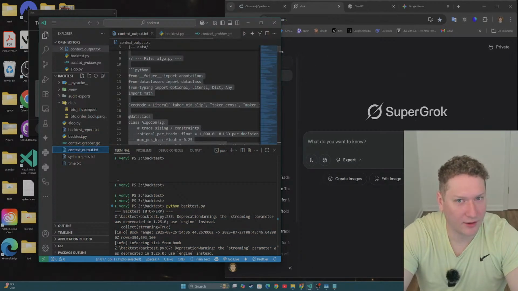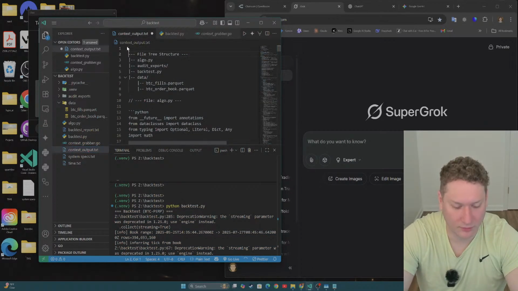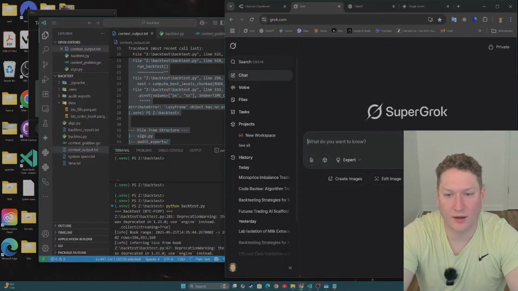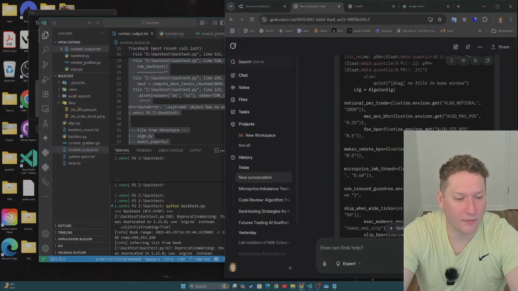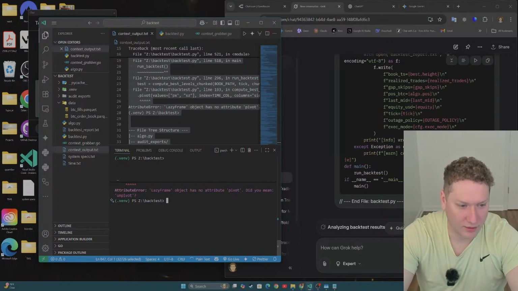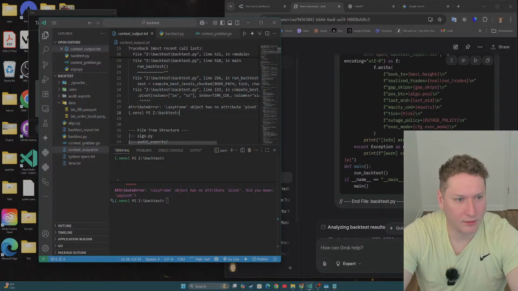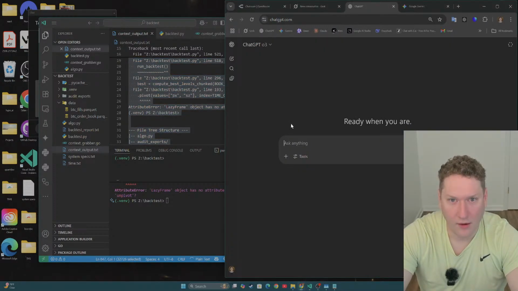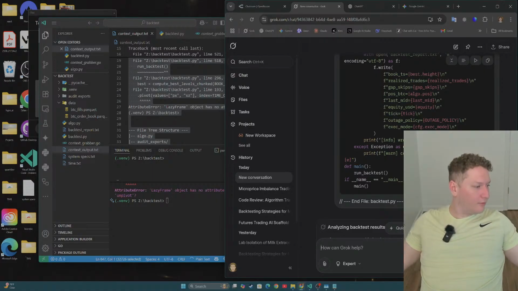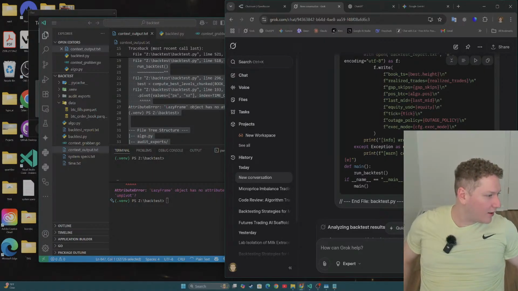We will get this fixed though, no problem. It's more than likely an issue with not knowing the newest Polars stuff. But we will see what Grok has to say.